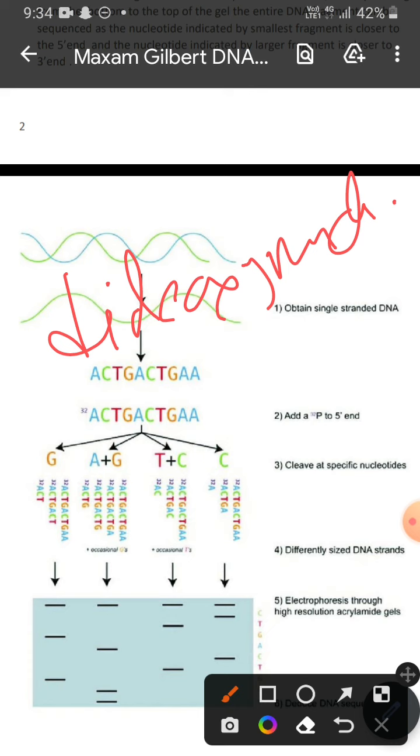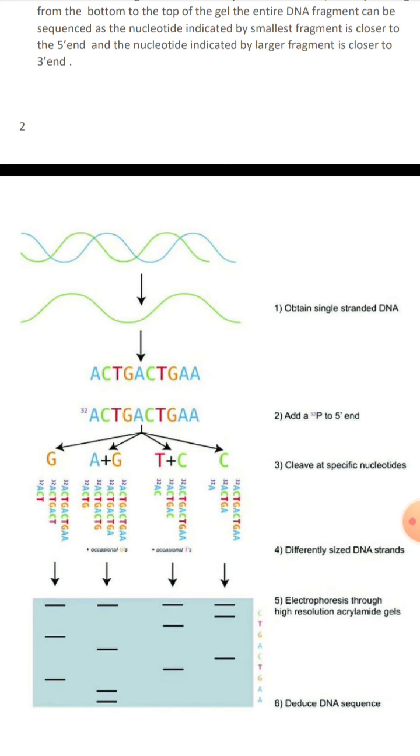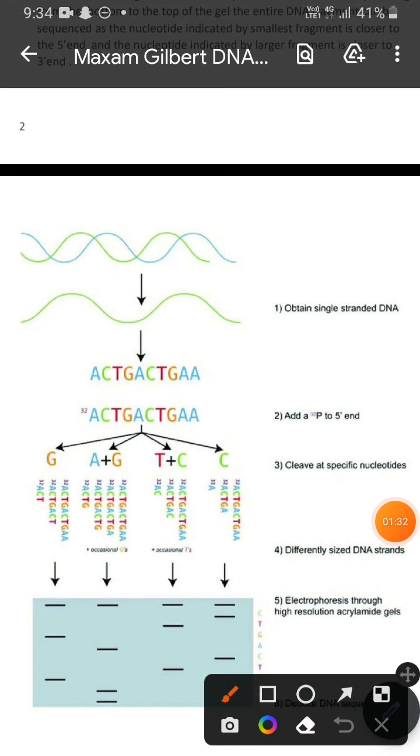Because these modification chemicals are used to modify specific bases, and that will help us to cleave them also. So we are using chemicals to modify the bases so that we can cut them.